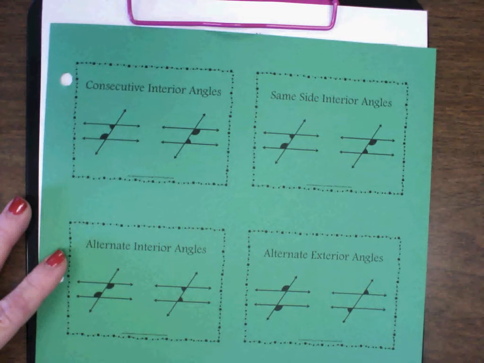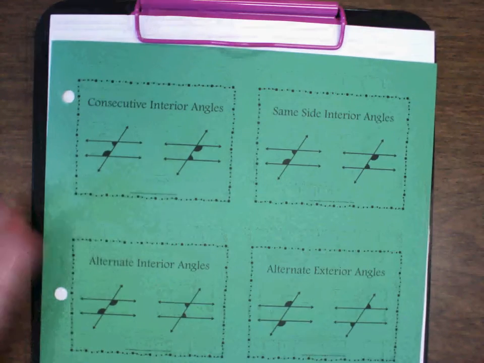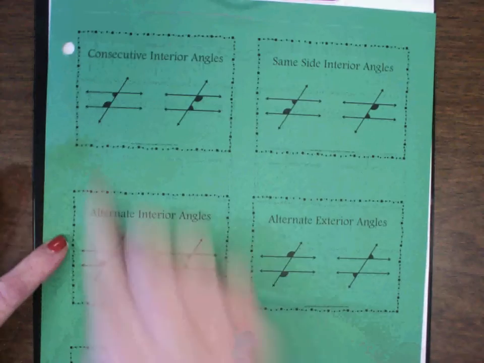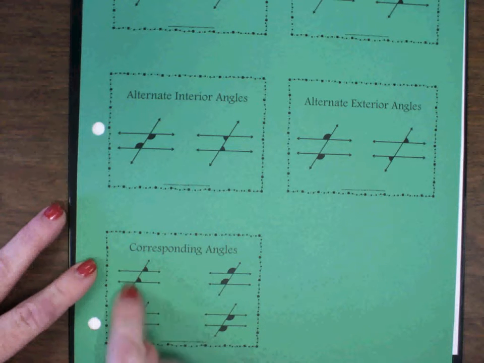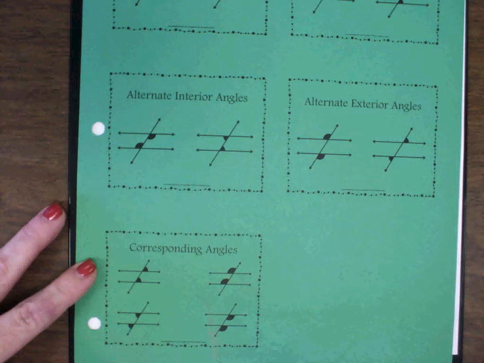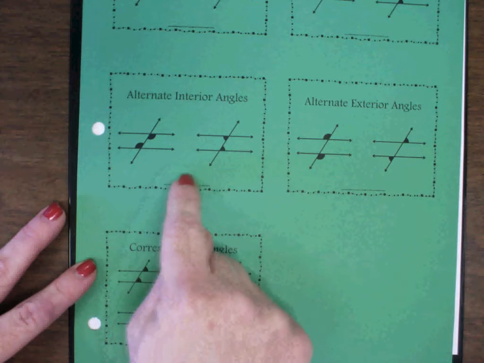Shh. Eyes on me. So you have some of the ones that we did, but you have new ones over here too. We did corresponding. And look, these are all the positions that you can find them. We did alternate interior. And we did same side, right?